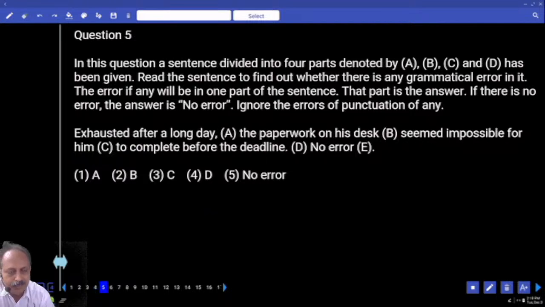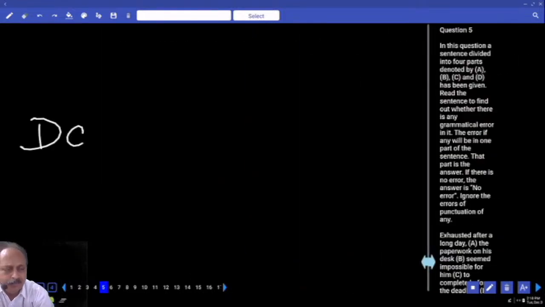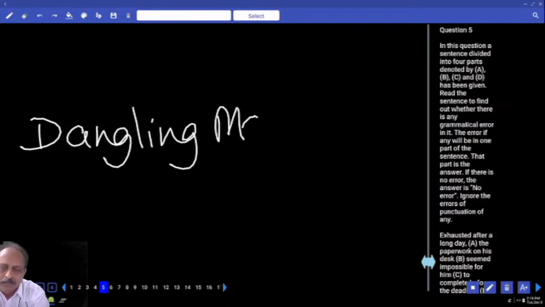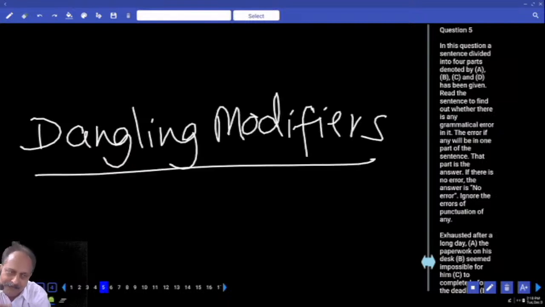Next one. This is a bit challenging, not easy. It goes with common errors. Dangling modifiers. This goes with advanced grammar, higher level.